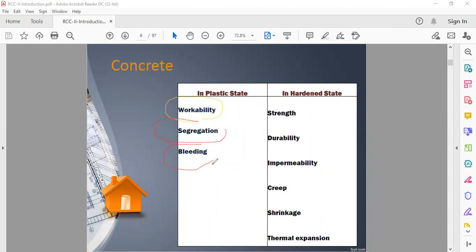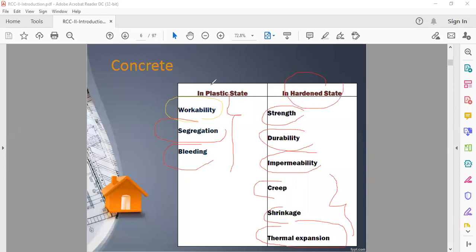But once the concrete gets hardened, you will see that strength will be achieved, durability will be achieved, impermeability will be achieved, and creep, shrinkage, and thermal expansion. These are the possible distresses. So the plastic state is before hardening, and the hardened state is once that concrete has hardened.